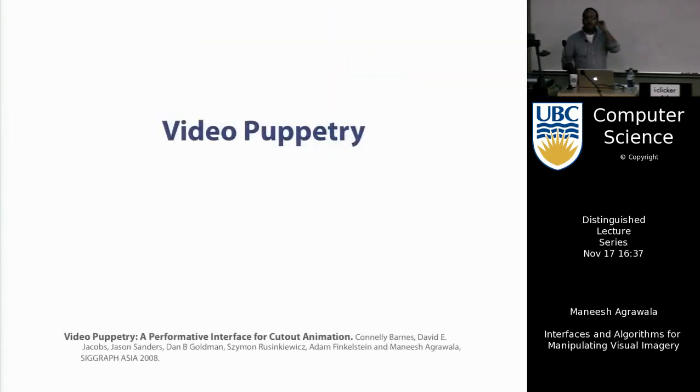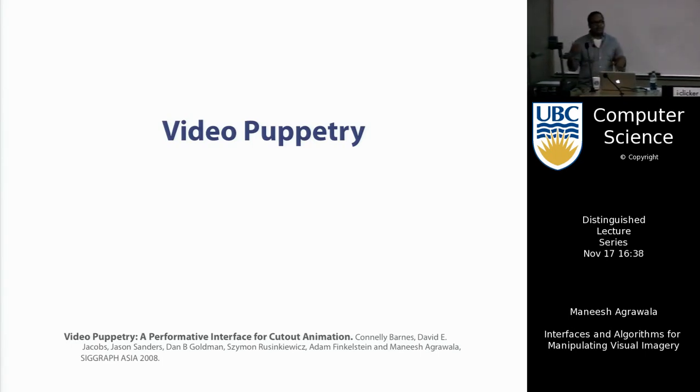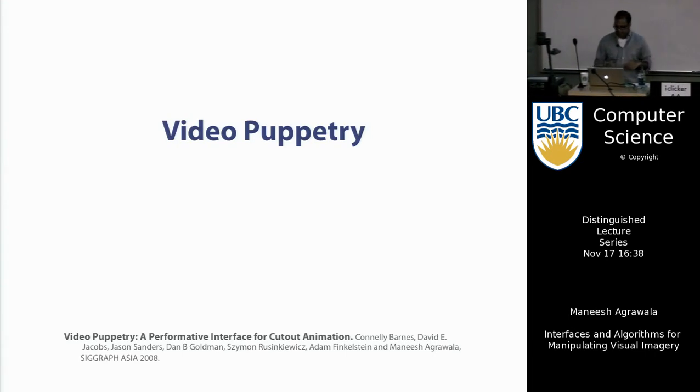All right, what I want to do here is briefly conclude with one final project. This is on video puppetry, and this is a project that's aimed to make it easy to create a different kind of content, namely animated content.